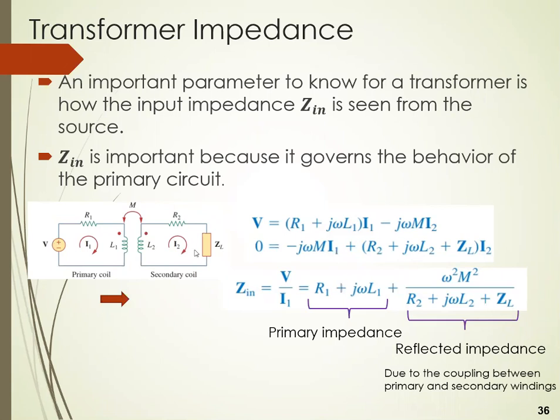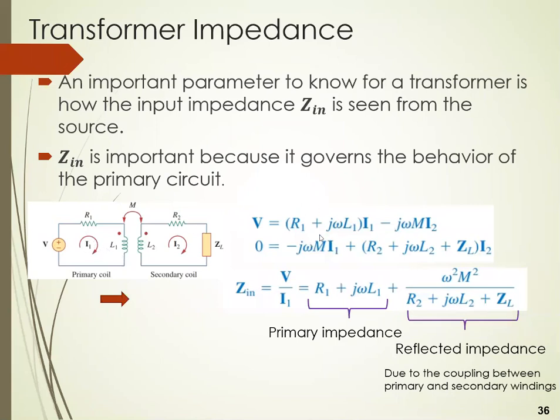If you look at the circuit on the primary side, and we do a quick KVL or mesh current analysis in the phasor domain, you get this expression: R1 plus j omega L1 times this current.